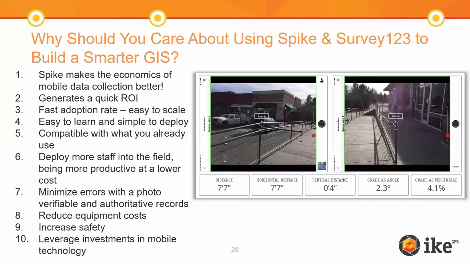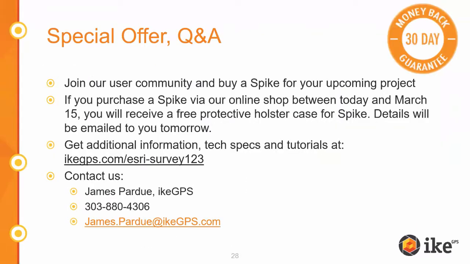And it's just so important that anything that we add into a workflow these days not only leverages the investment in mobile technology, but is simple to learn, easy to adopt, compatible with what you already use, saving time in the field. This just all rolls up into that whole concept of number 1, which is making the economics of mobile field data collection better.